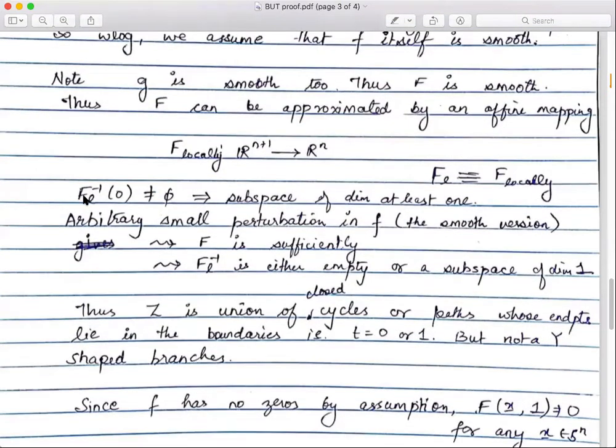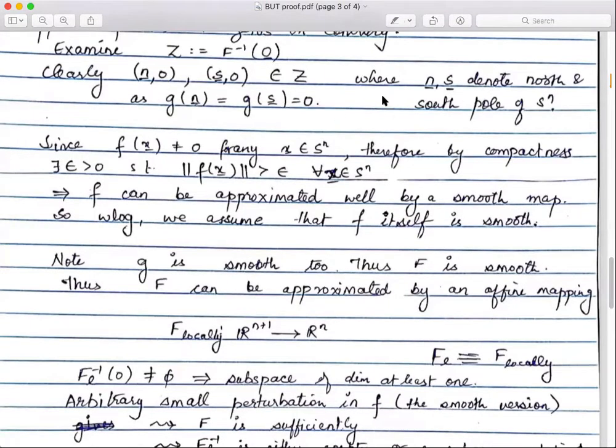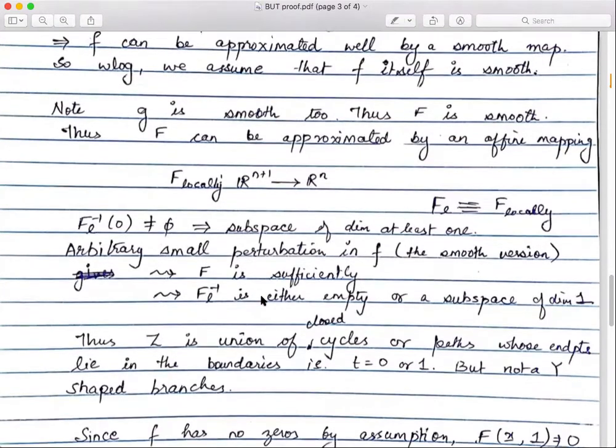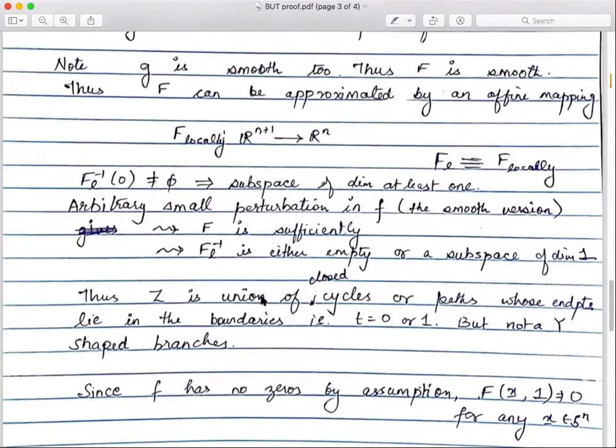And now once I know that FL inverse of 0 is non-empty, I know that this is a subspace of dimension at least 1. Now, if I perturb f a little, the smooth version which I started with, I can always assume that f is smooth because of all this reasoning. So an arbitrarily small perturbation in f will imply that f is sufficiently generic.